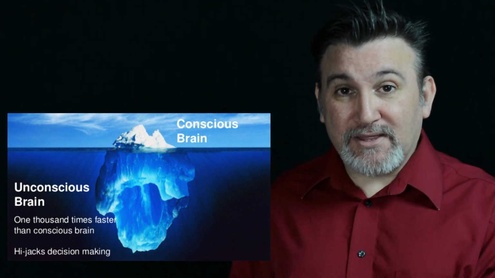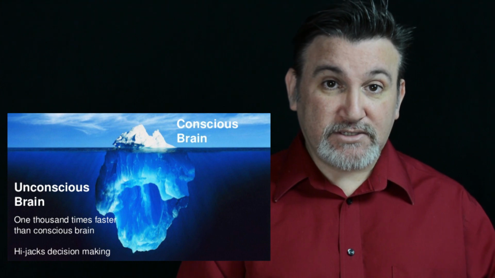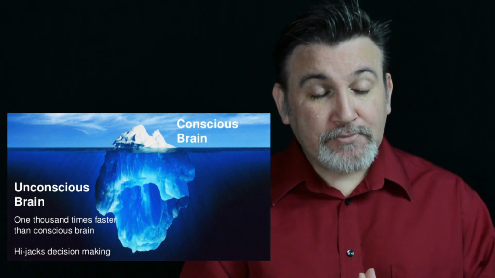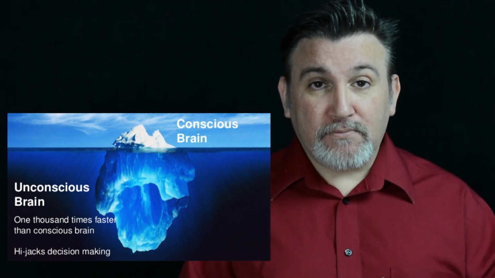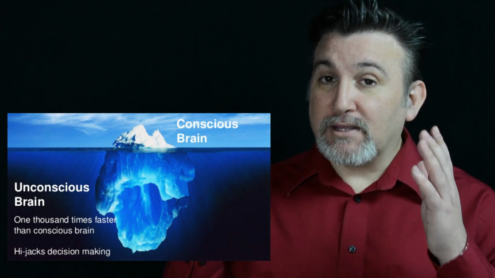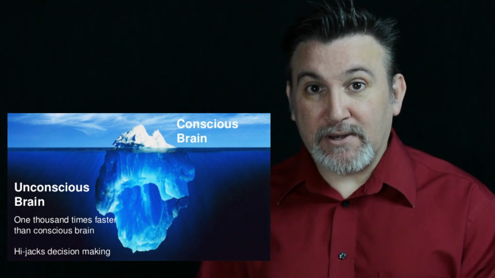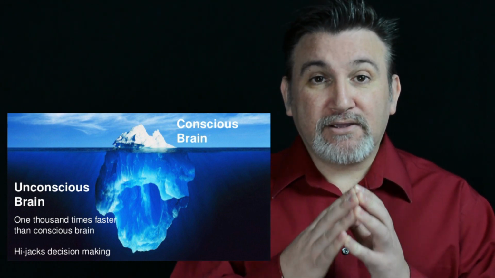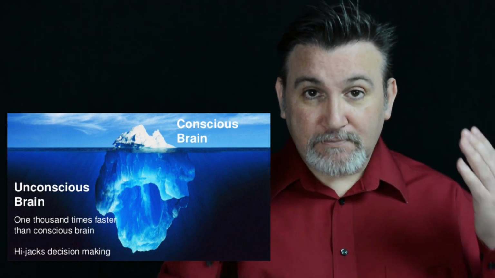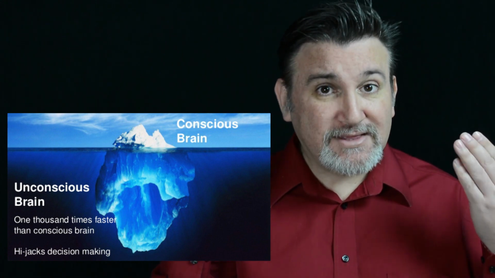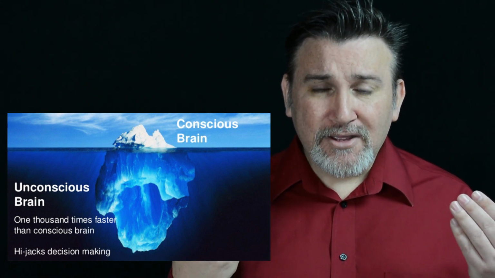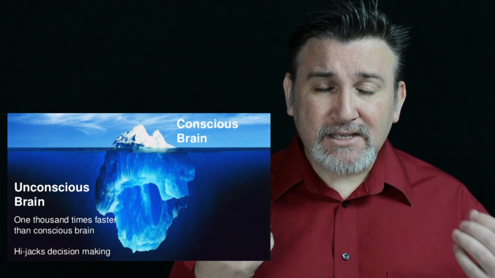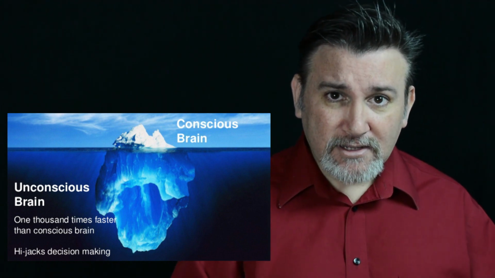Now the bottom part of the iceberg represents our unconscious biases, our implicit biases. That's the part of the brain where it's really deep, and it goes back generations after generations. There could be stuff in your psyche that you don't even know is there. But implicit bias comes out in a split second.